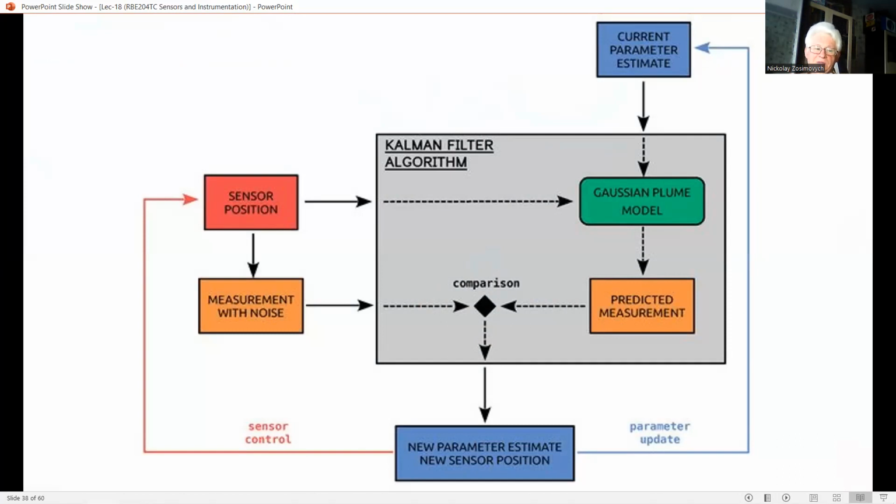A dynamic Kalman filter is able to estimate unknown variables of a dynamic system using the following information. First, a linear model of the dynamic system, including statistics or covariance matrix V of the random disturbances that enter the system, including random model error.